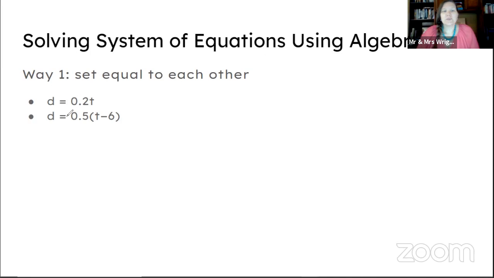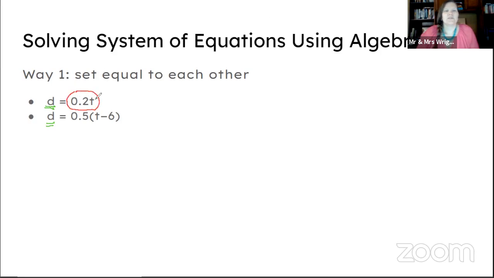The easiest way to solve these is to set them equal to each other, because you can see here that they both are equal to D. Let me put it here in a red circle.